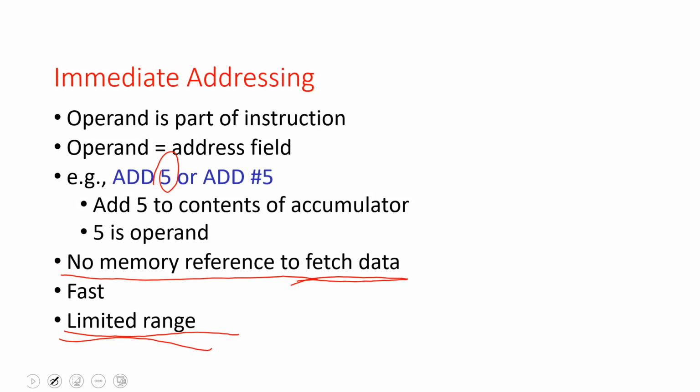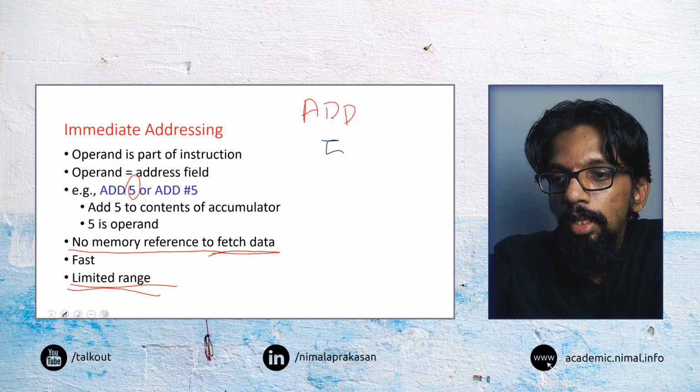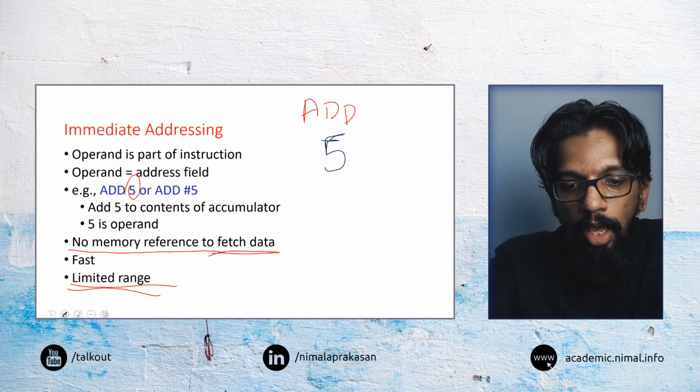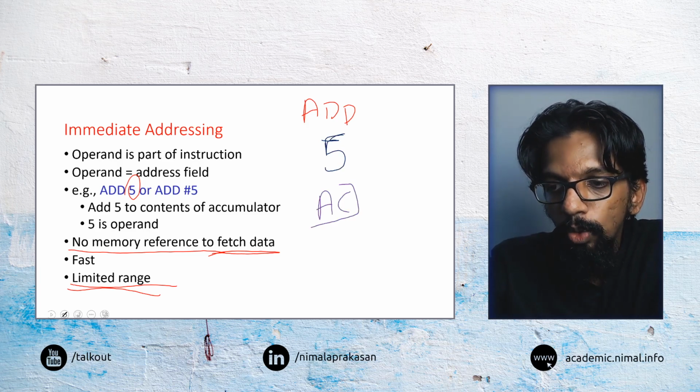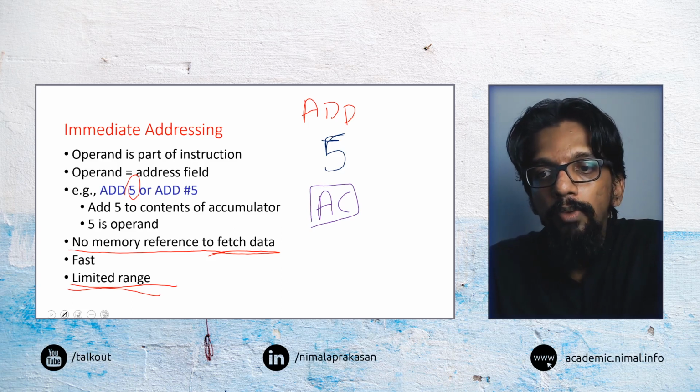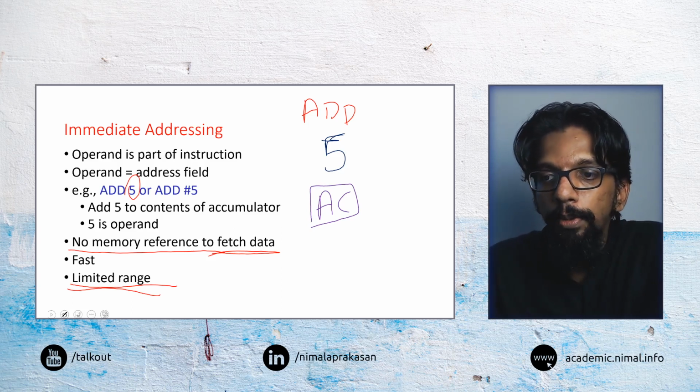Again, if you think about the add instruction here, add is the instruction, 5 is the operand that we are giving, and in addition to that we will have the accumulator where some other value is there from a previous operation.